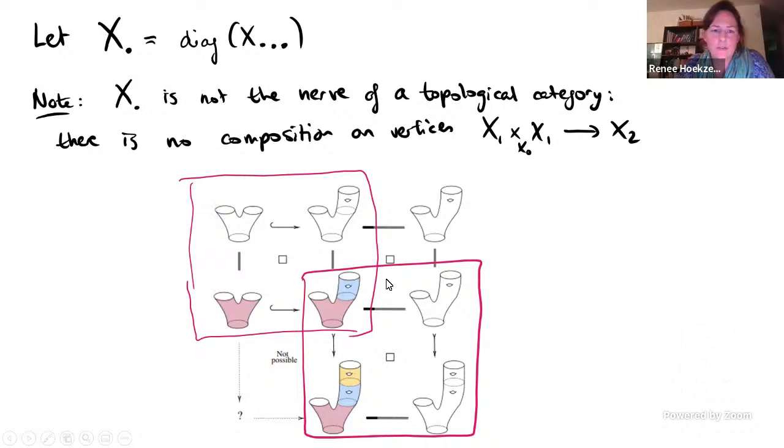Here I've taken two squares that share one vertex on the right spot, and I want to extend this to a 2 by 2 square. But I can't, even though these two are nicely defined pushout squares, I can't finish this pushout. What happens here is that if I go from there to there, I'm gluing this yellow bit on, but I'm gluing it on a new boundary that's here, but not there. So I can't view this as something where I glued this thing and that thing over that thing.